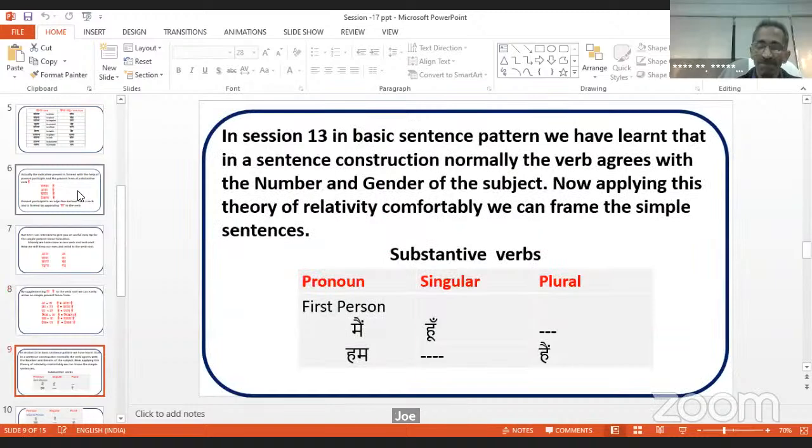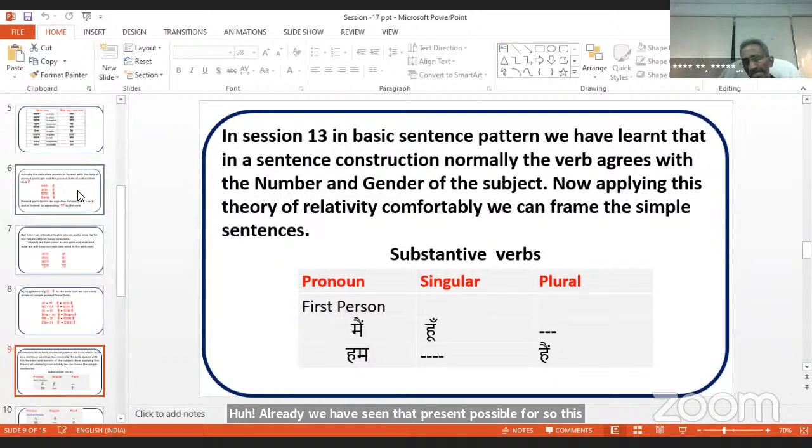Now see that this ta hai, as we have already seen in the present participle form, will change into ti hai also, and te hai also. Because in session 13, in the basic sentence pattern, we learned that whenever we construct a sentence, the verb normally agrees with the number and gender of the subject.